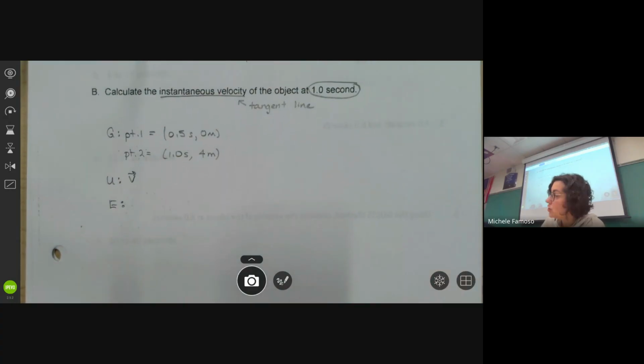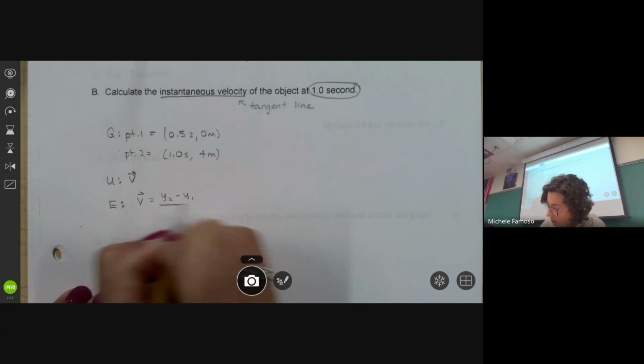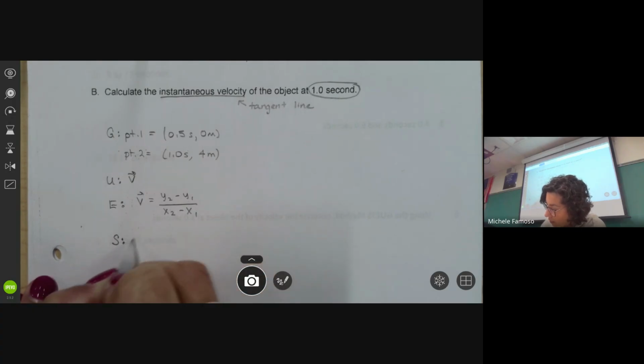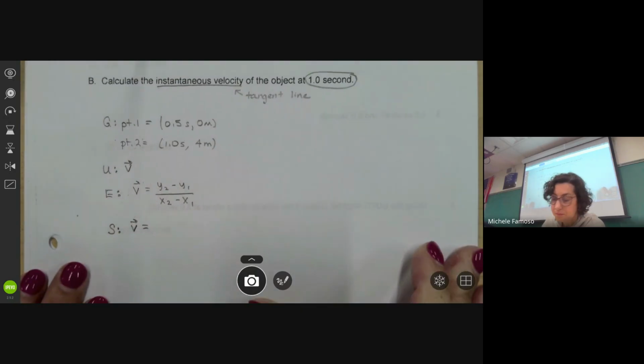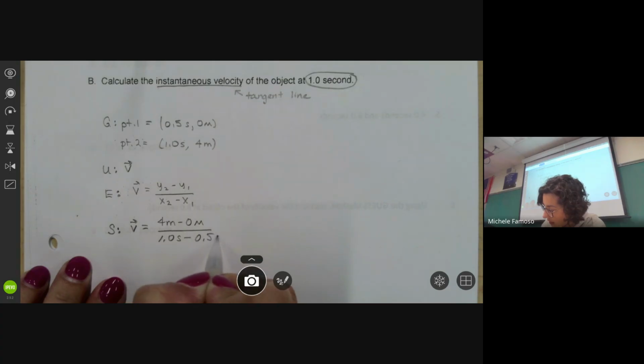All right. Sydney, can you give me the equation that I should write for this, please? Velocity with the arrow equals change in position over change in time. That's right. So let's do our substitution with units. That would be 4 meters minus 0 meters all over 1.0 seconds minus 0.5 seconds.